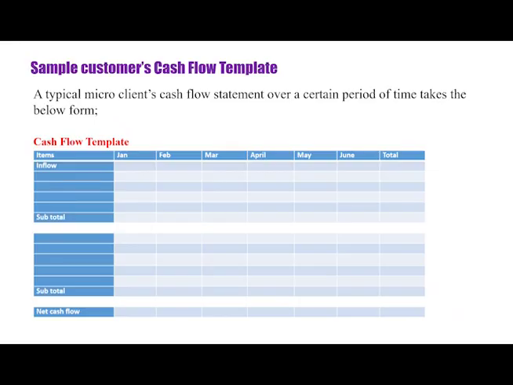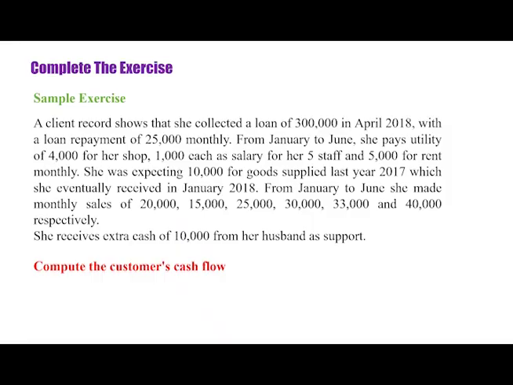For better understanding, let's take this sample exercise to see how our customer's cash flow works. A client record shows that she collected a loan of $300,000 in April 2018, with a loan repayment of $25,000 monthly. From January to June, she pays utility of $4,000 for her shop, $1,000 each as salary for her 5 staff and $5,000 for rent monthly.